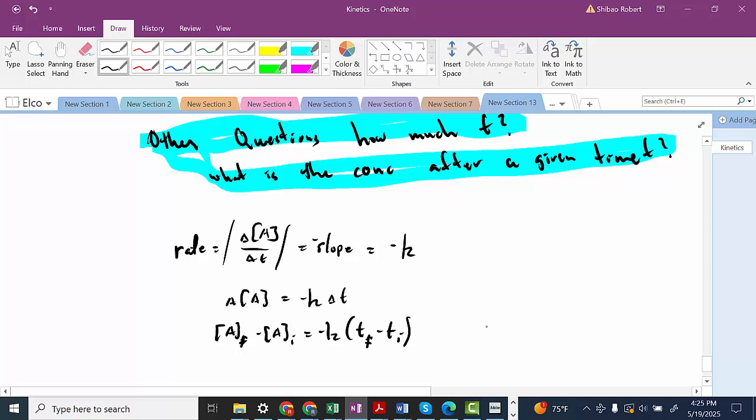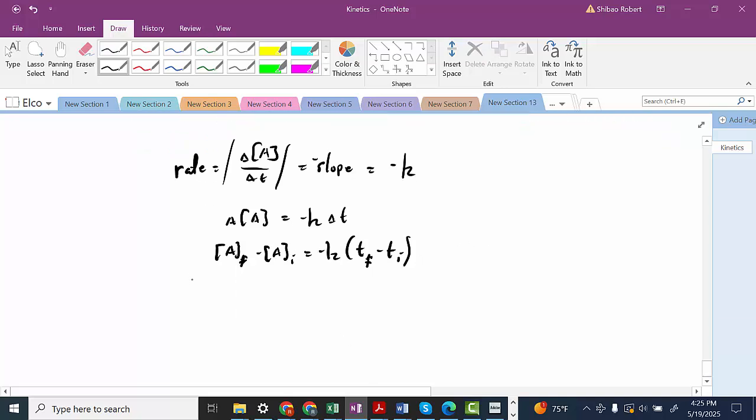All right. Now, what we can do is we can let T initial be 0. So if we start at time 0, so if T initial is equal to T0, which is equal to 0 seconds, minutes, whatever, then we can simplify this equation.